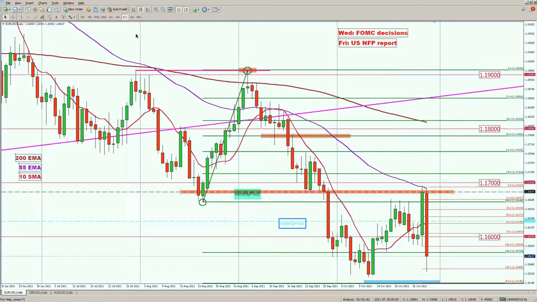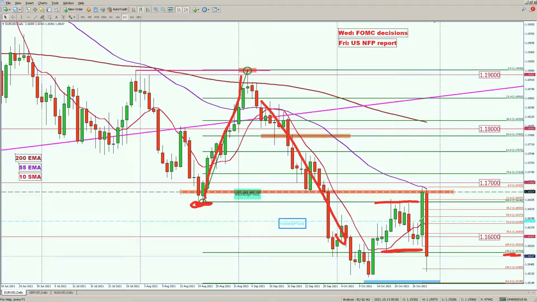So yeah, but otherwise, last week was mainly consolidating between this swing low at the 100 fib and the 138 fib extension of this bigger swing move, retracement back down to the 138 fib extension.